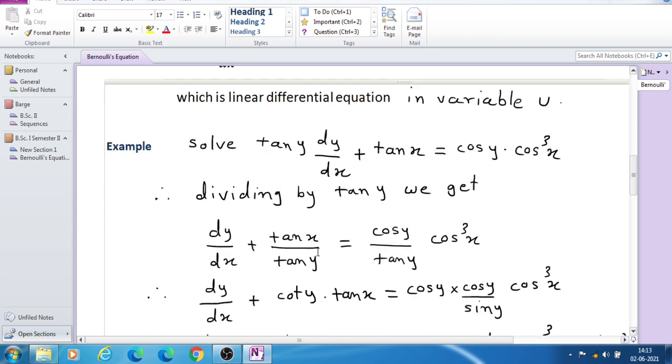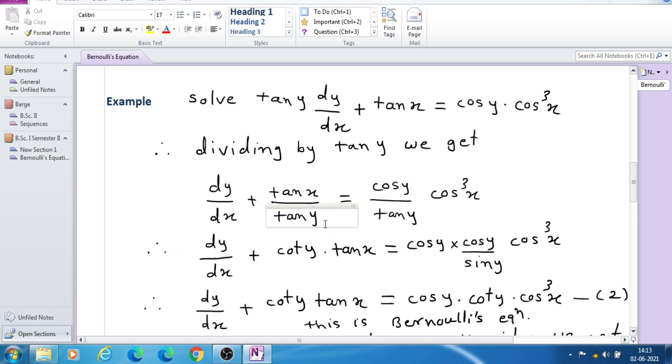So we now see an example of Bernoulli's equation. Solve tan y into dy by dx plus tan x is equal to cos y into cos cube x. First we have to write this equation in standard form.